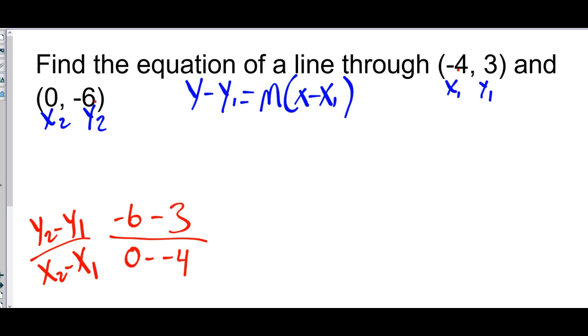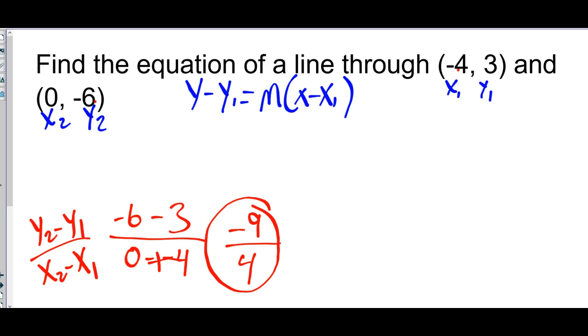So negative 6 minus 3 is negative 9. 0 minus negative 4, that's like a plus, that is 4. So there's my slope, negative 9/4. Ugly slope, but it'll work.